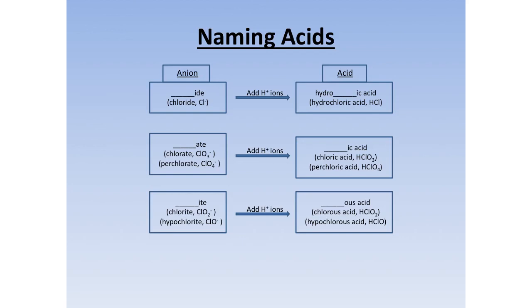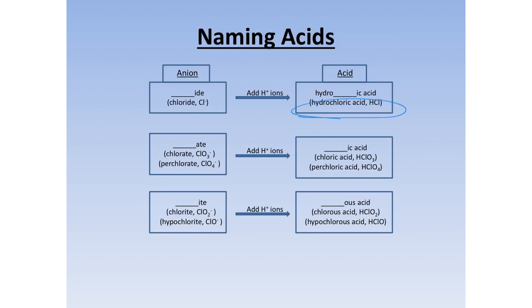So as a summary, if you just have a plain monatomic anion like chloride, then it becomes hydro, whatever the anion is, ic acid. But the easier way to remember it is just hydrochloric acid.